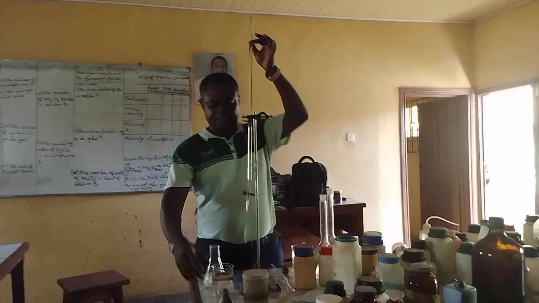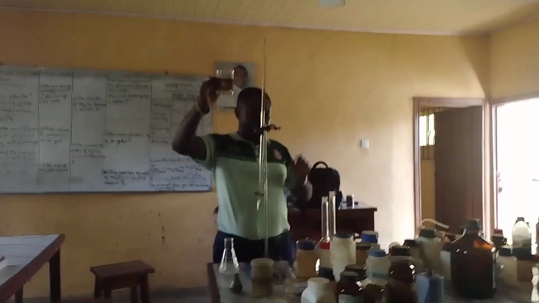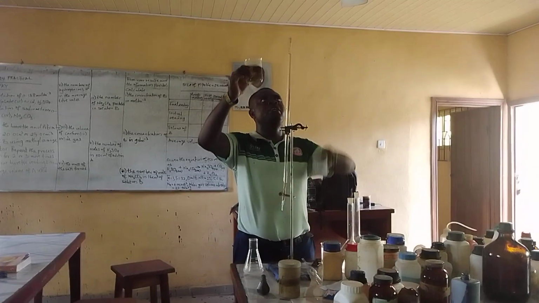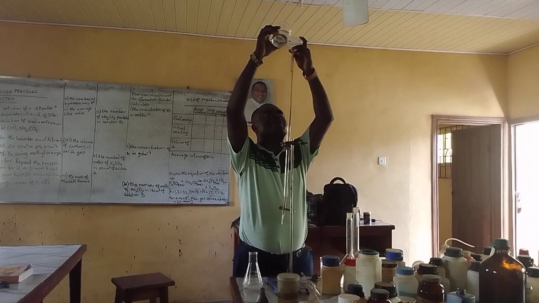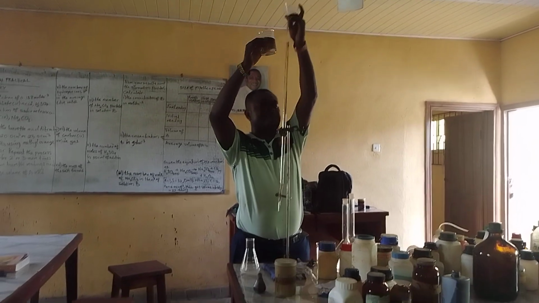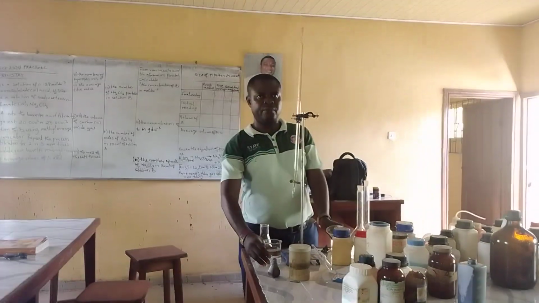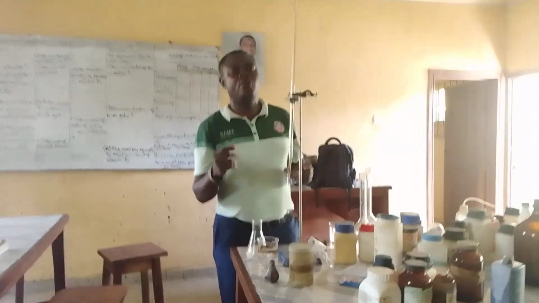This is the burette. This is my A. So, what I'm doing here now, I'm pouring it here. Okay? When I'm filling, I want you to take note of one thing. Now, look at the burette.